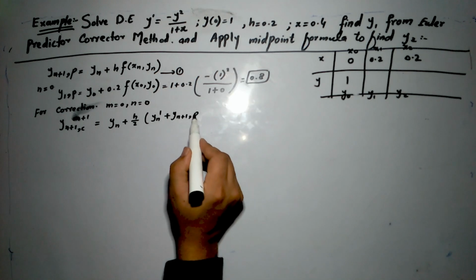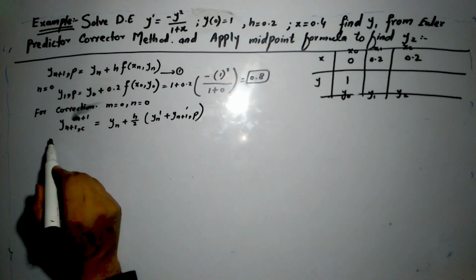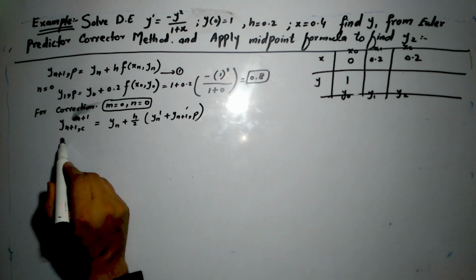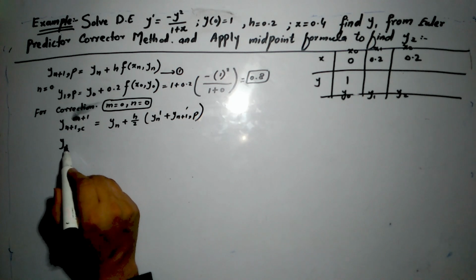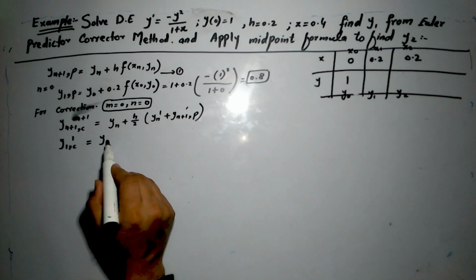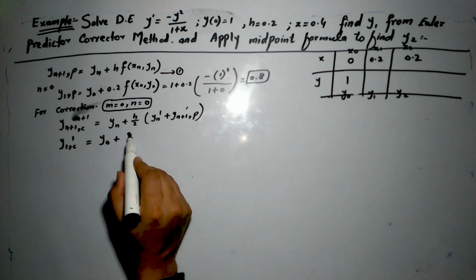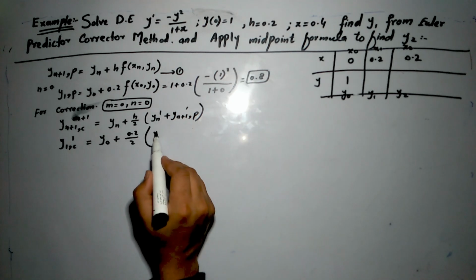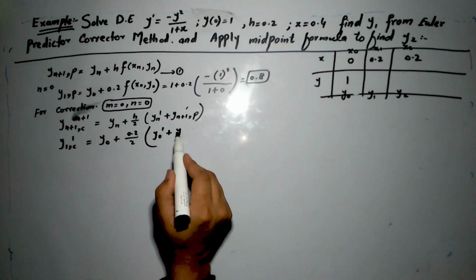So for m is equal to 0 and n is equal to 0, this will be equal to y1 c1 will be equal to y of 0 plus 0.2 over 2, y0 dash plus y1 p dash.